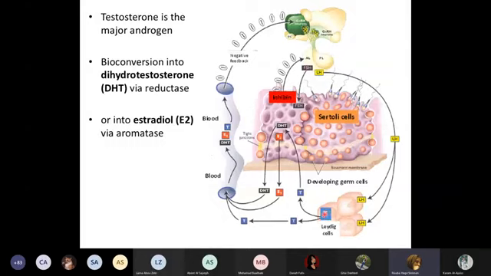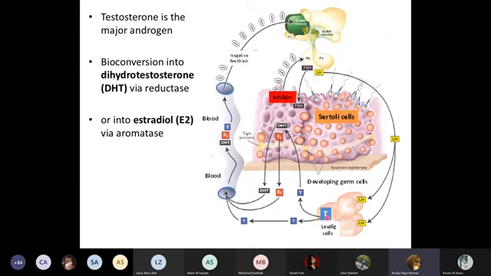Now, this testosterone can be bioconverted, which means it can be transformed into a more active or more potent androgen, which is dihydrotestosterone, via the enzyme reductase, or into also a powerful estrogen, which is estradiol, via the activity of aromatase.